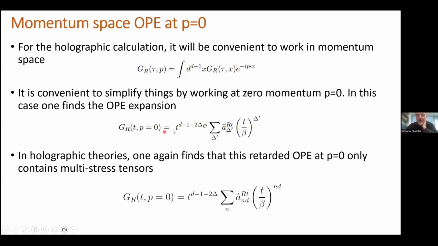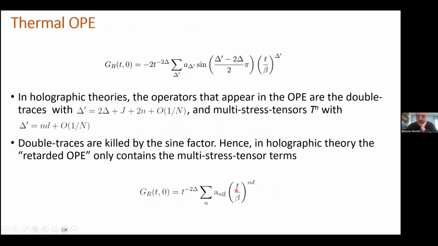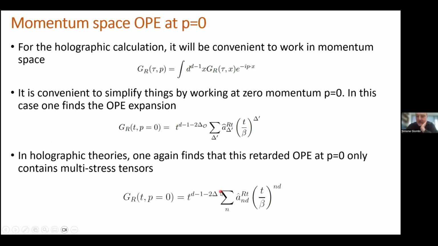And one can similarly write an OPE expansion for this object, which is a function of time and momentum, and then set momentum to 0. Again, it will have a series expansion in powers of t over beta. And again, one can argue that in holographic theories, this retarded OPE only has contributions from the multi-stress tensor exchanges. These coefficients are not exactly the same as the ones appearing here, but the idea is the same.